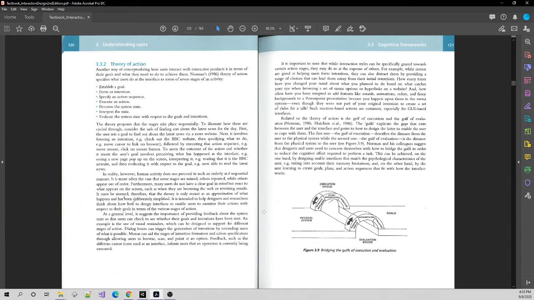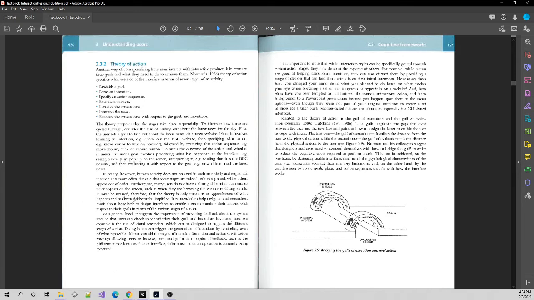And then how do you evaluate if you've changed the system to achieve that goal? So we have this idea of bridging the gulf of execution and evaluation, saying that the user has these goals, and this is a system they're interacting with, and there's this bridge. They're not connected in reality, but the user has to have some intentions.